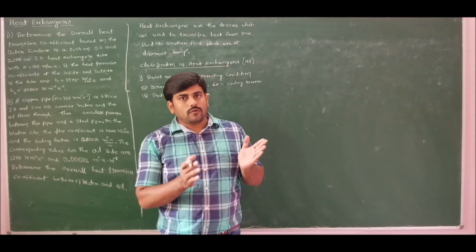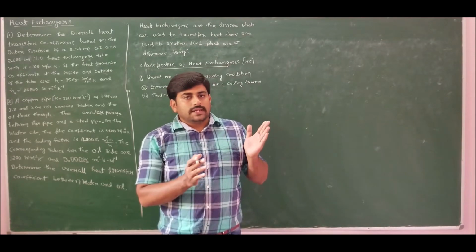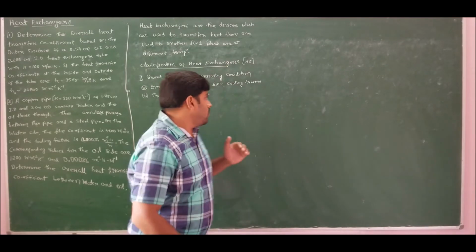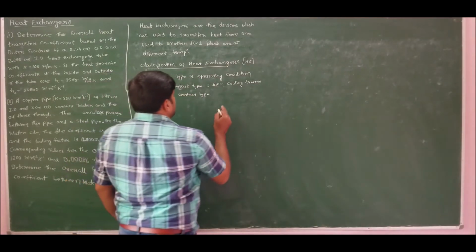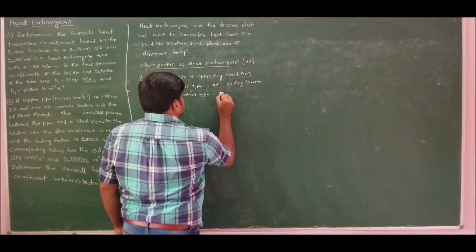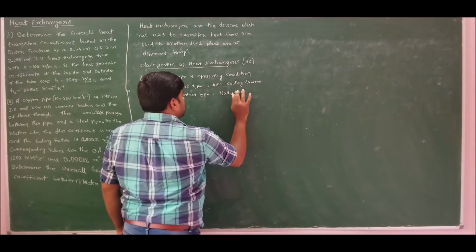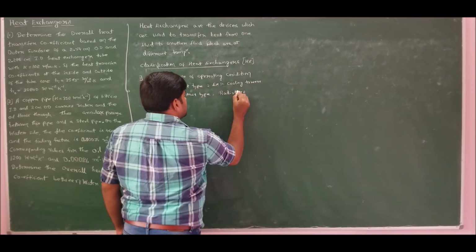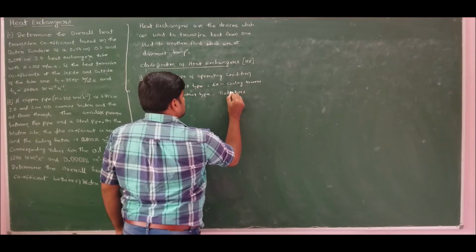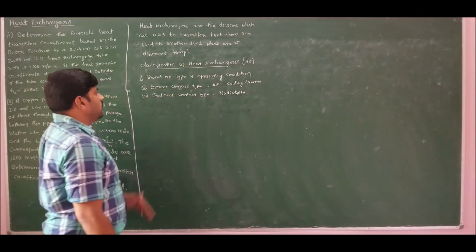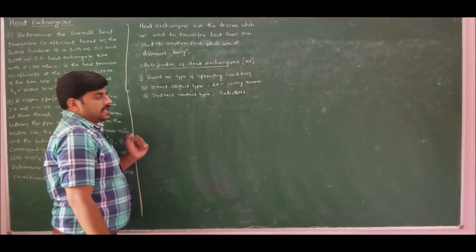The heat transfer from hot fluid to cold fluid takes place through this regenerative surface. A very good example for indirect contact type heat exchangers are radiators. Radiators of automobiles, in which heat transfer takes place between the two fluids without any physical contact, are a very good example for indirect contact type heat exchangers.